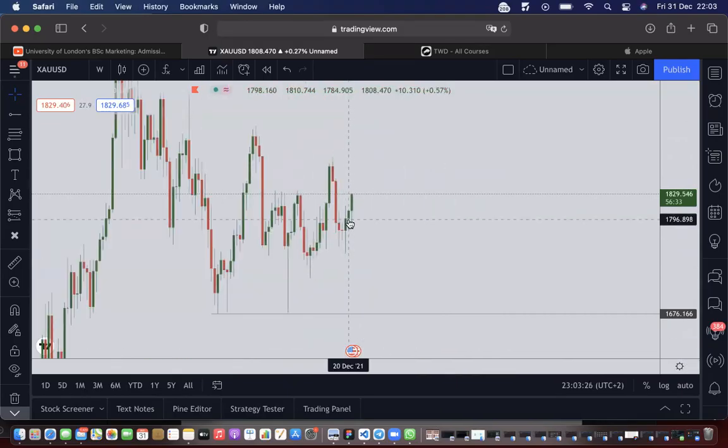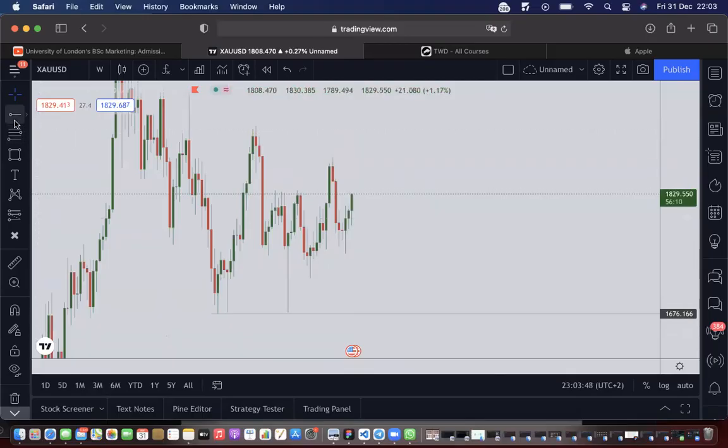I hope you can see that. So we want to take the order flow of gold because the previous week was a buy, so there's still more tendency for more bulls in the market.